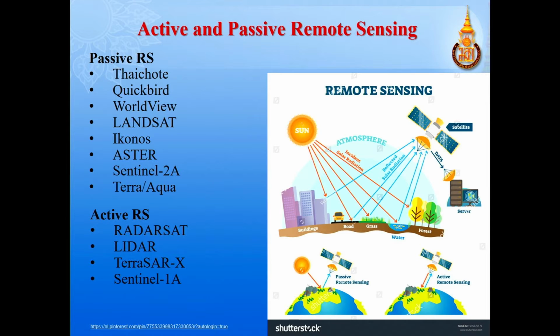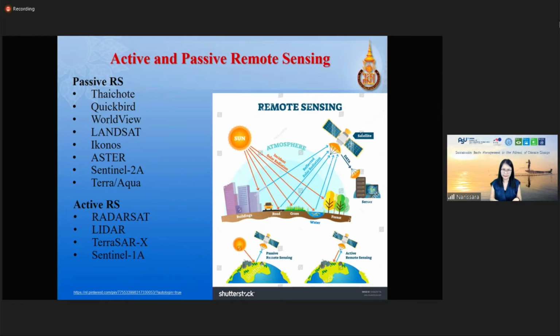They call them QuickBird, Worldview, Landsat, Equinox, and now quite popular is the Sentinel. Now we have Sentinel-1, Sentinel-2, Sentinel-5, and each satellite works differently.